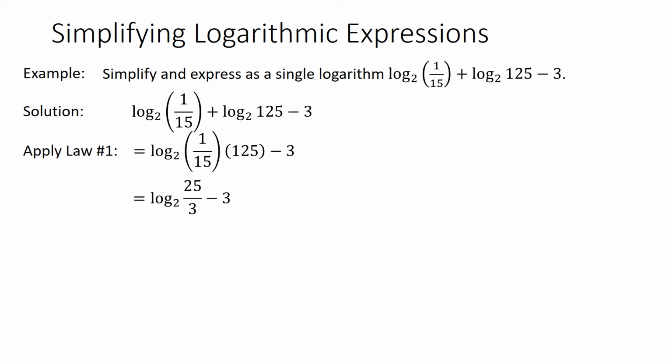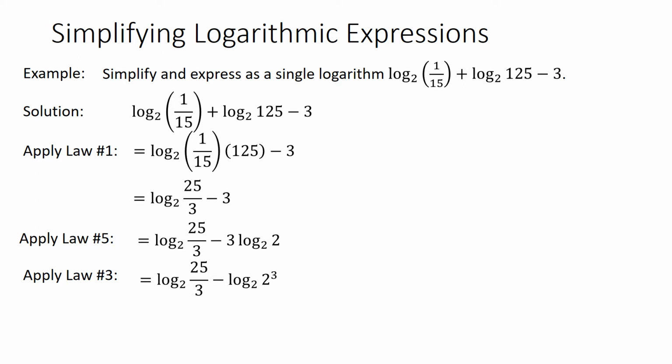So now we have 2 terms, one is log, one is constant. So we can apply law number 5 so that the constant 3 multiplies with log 2. Then we can apply law number 3, where the constant 3 will become the power of 2, which is log base 2 of 2 to the power of 3.